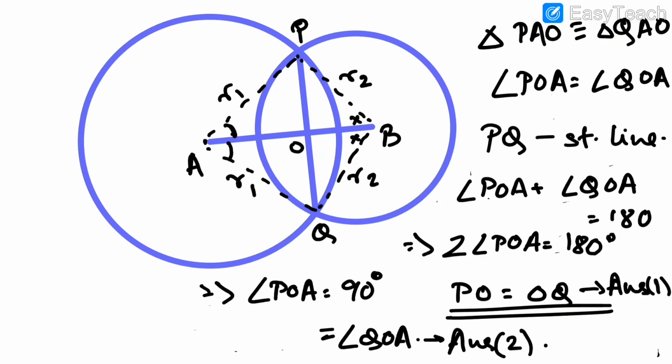So the line joining the centers of the two circles will always bisect the common chord at right angle. Okay, line joining the centers of the two circles will be the perpendicular bisector of the common chord. This is what we learn.